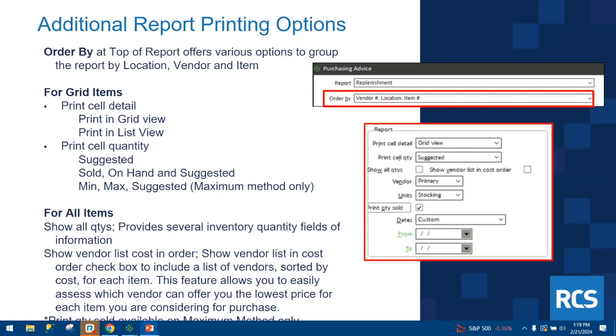So in that case, if we have multiple vendor items for a product, it's going to show us all of those vendor items on the advice, and then it's going to show the cost associated with it. So you can select which vendor you want to purchase from that has the lowest price. And then this print quantity sold down here, this is only available if you're using the max method.